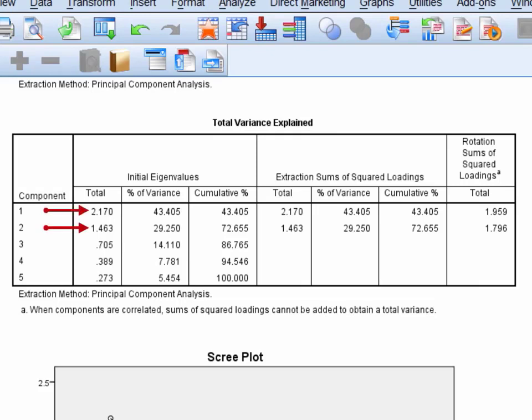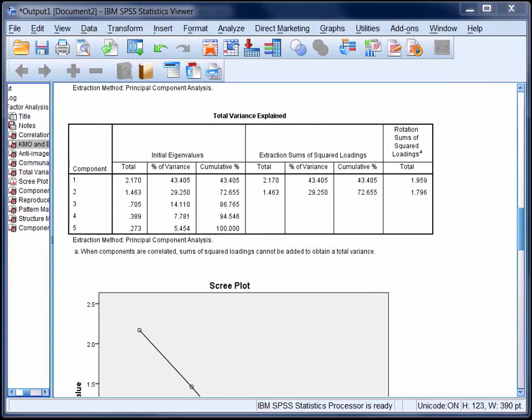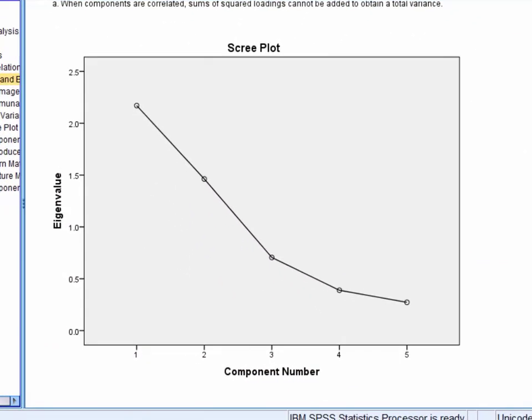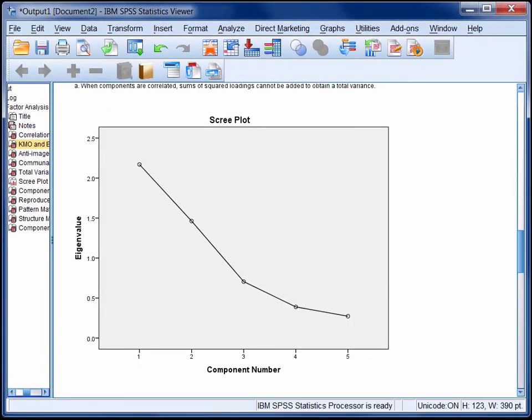Here, there are 2 initial eigenvalues greater than 1, and thus 2 components have been extracted. And the decision to extract 2 components is confirmed by the scree plot, where you can see that there are 2 eigenvalues which clearly stand out above the other 3. So now we know that 2 components have been extracted.